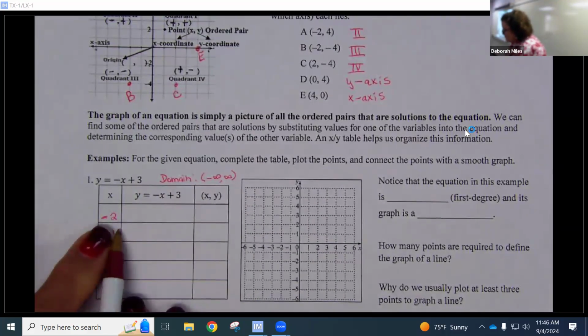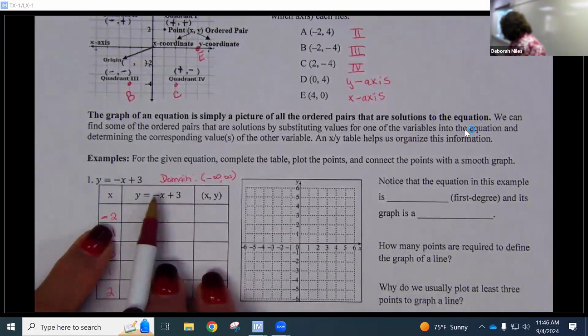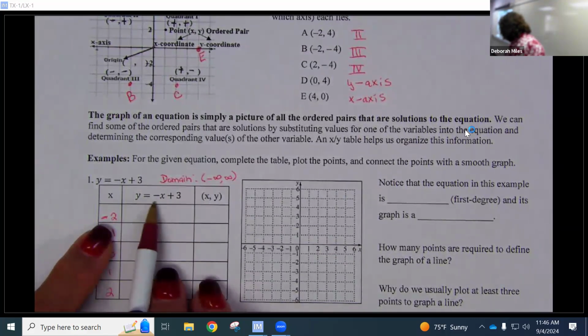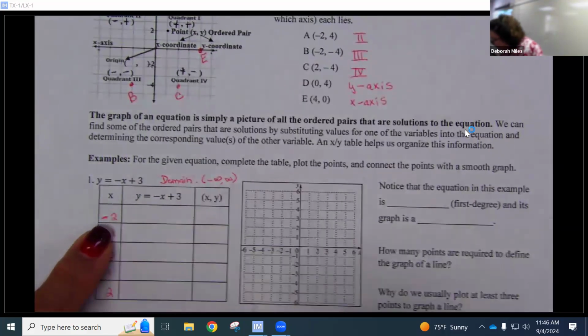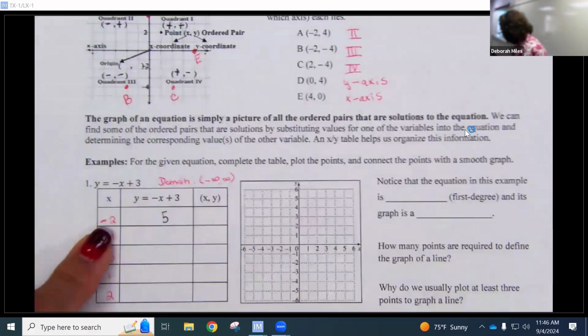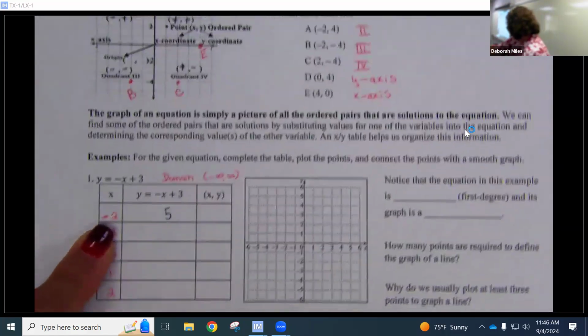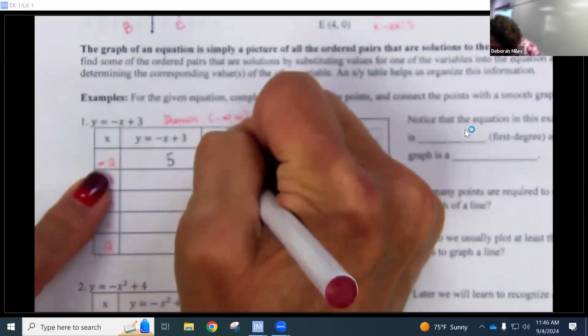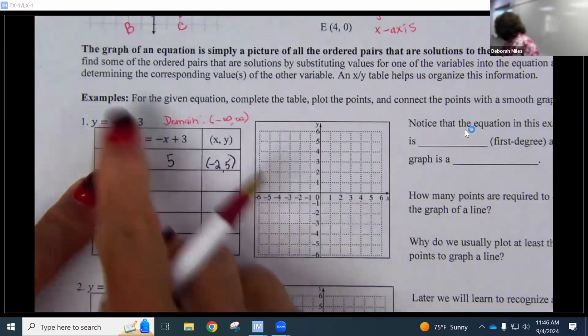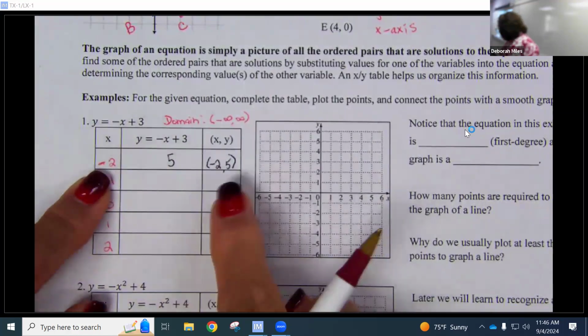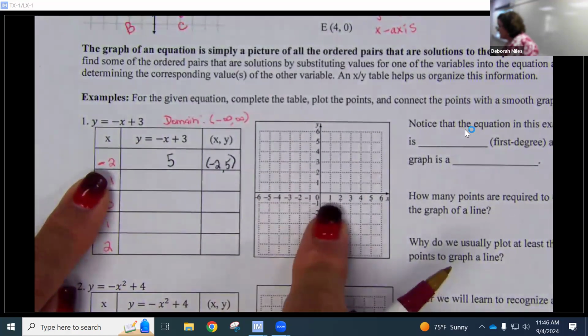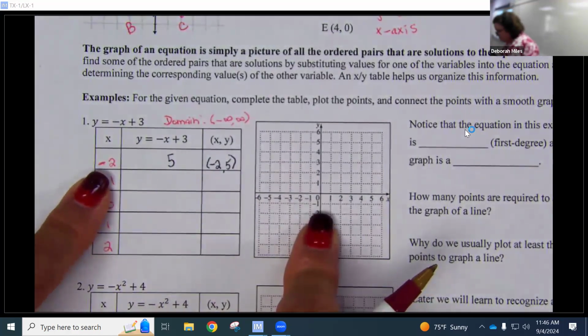If x is -2, then the opposite of x is +2, plus 3 is 5. And that means the ordered pair -2, 5 is a solution to that equation, and -2, 5 is a point on that graph.